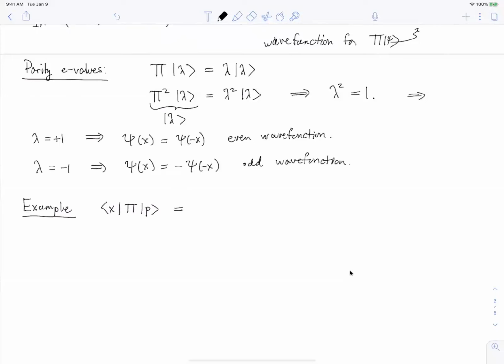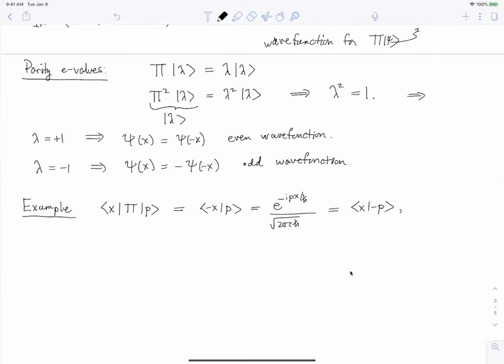Okay, so that's equal to minus x times p. Okay, and we know what that is. That's e to the minus i p x over h bar divided by square root of 2 pi h bar, which is also equal to x minus p.